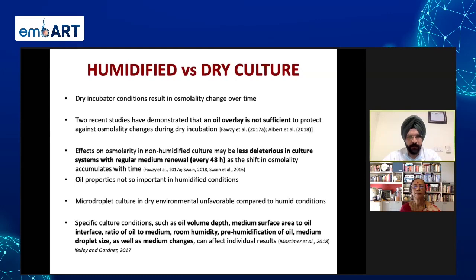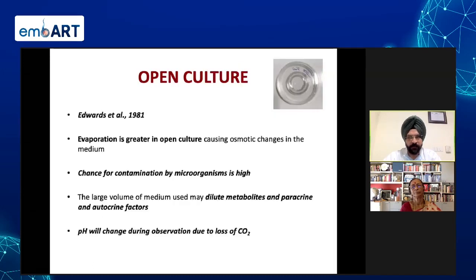Specific culture conditions such as oil volume depth, medium surface area to oil interface, ratio of oil to medium, room humidity, pre-humidification of oil, medium droplet size, as well as medium changes can affect individual results. Now you can either culture in an open dish, like a single well dish, you put in media, put in oil, that's your choice. Oil is again optional. It was the dish in which Edwards was culturing till almost 1981.